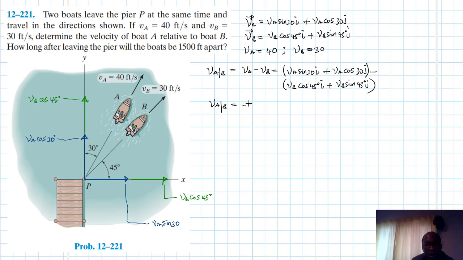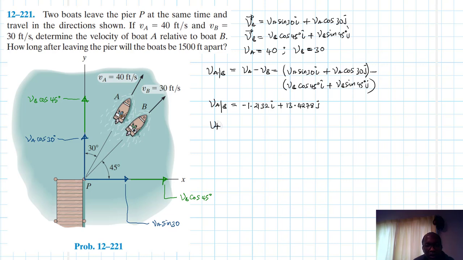So the first one is 20 minus 30 cos 45, which gives minus 1.2132 I. Then the second one is 40 cos 30 minus 30 sine 45, which gives plus 13.4278 J.